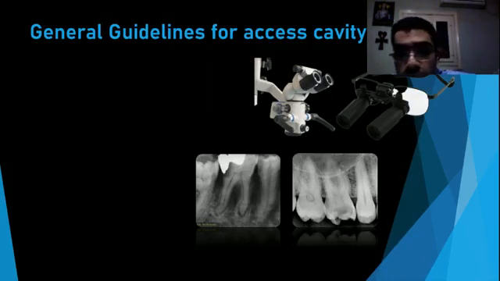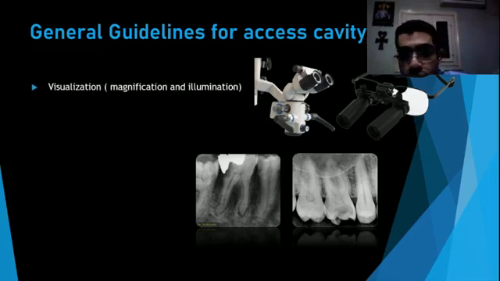We have general guidelines for access cavity. Of course, visualization is very important during access cavity preparation and in dentistry in general: magnification and illumination. Today we have a lot of facilities that will allow us to see more details that we were not able to see in the past, like magnification loupes and microscopes.